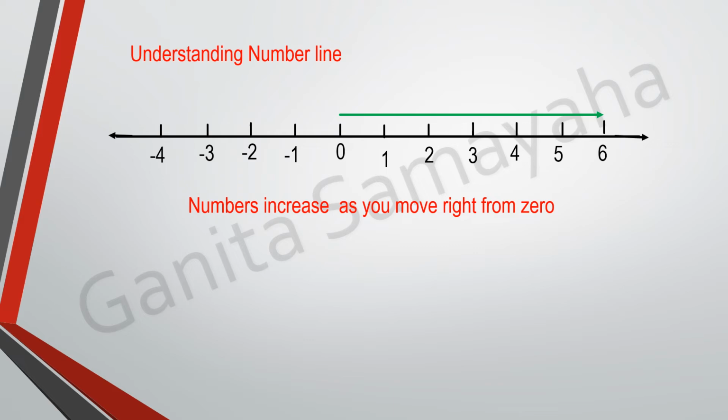For that, we will start observing from the number 6. 6, and then what happens? 5. Is it increasing or decreasing? Decreasing. And then 4, decreasing. Again 3, decreasing. 2, decreasing. 1, decreasing. 0, decreasing. So as we moved from 6 to 0, it decreases.